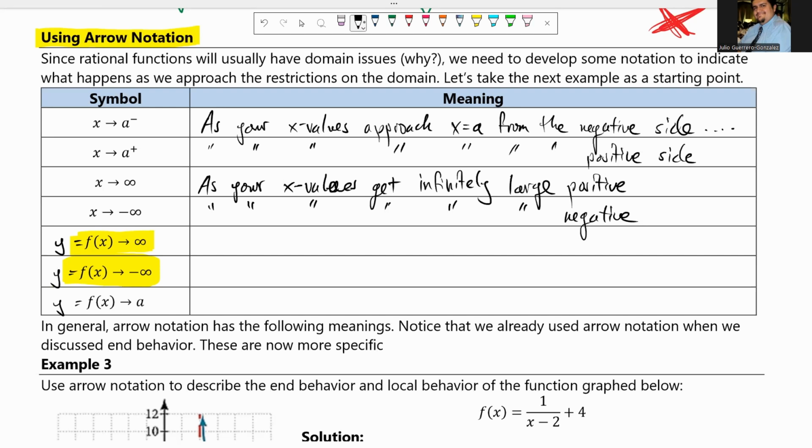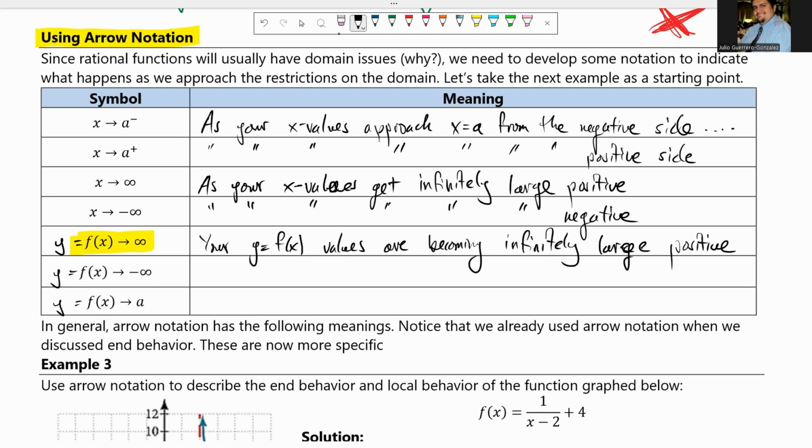So let me do that first one, the one that I left highlighted. This is saying y equals f of x values.